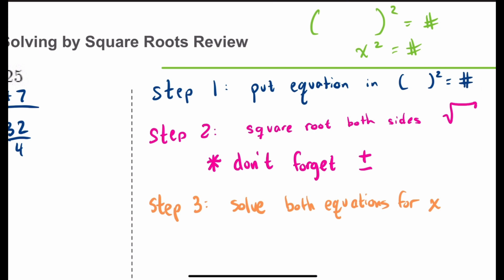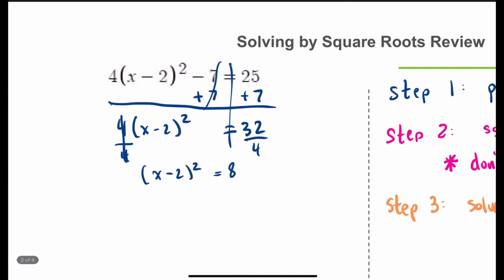So now I can actually use the namesake square root on both sides. If I take the square root of both sides, you can kind of think of it as the square root canceling that exponent of 2.